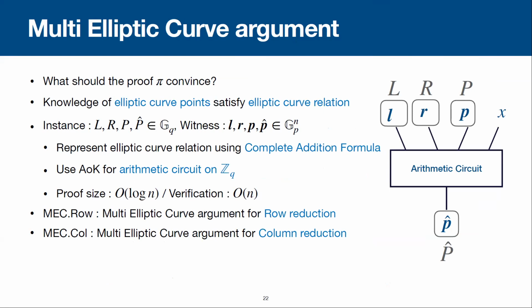The process is this: represent the elliptic curve relations using the complete addition formula and use an argument of knowledge for arithmetic circuits on GQ converted from the complete addition formula. Then the proof size is O(log n) and verification is O(n). In this way, we construct two arguments, the multi-elliptic curve argument, for row reduction and column reduction.